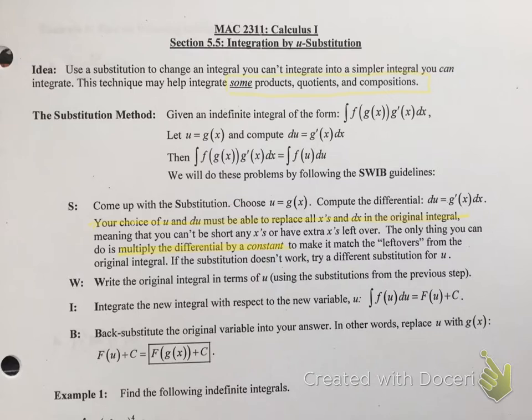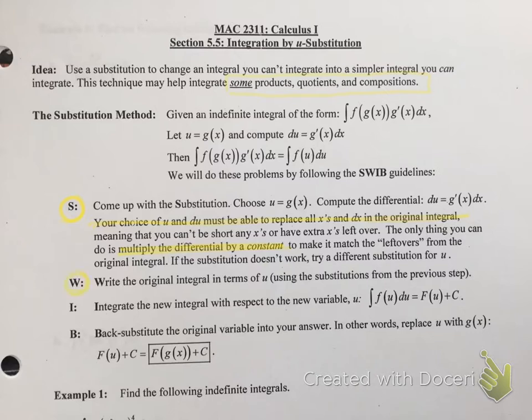If the substitution doesn't work, you'll have to try a different substitution for u. So that's step one: let u equal g of x, take the derivative, let that equal du, and make sure the leftovers match, okay?